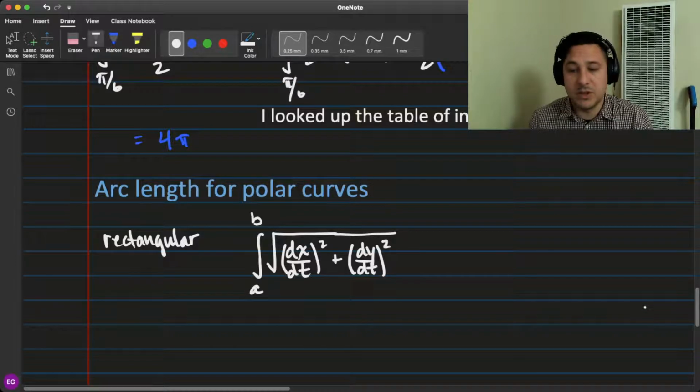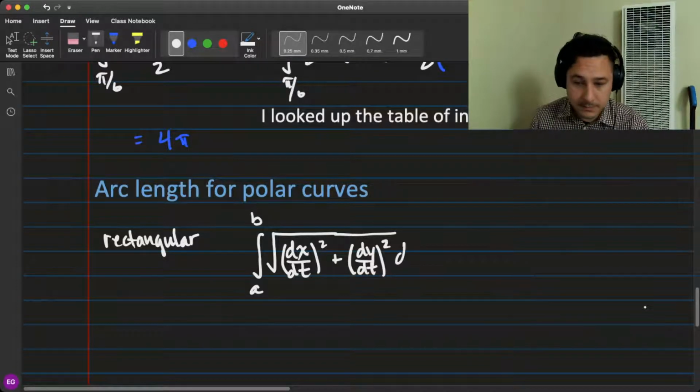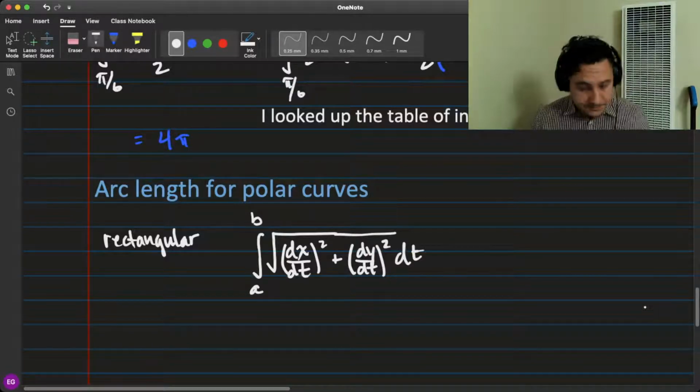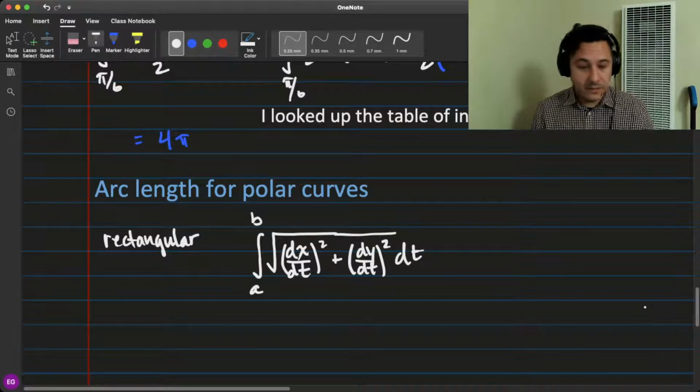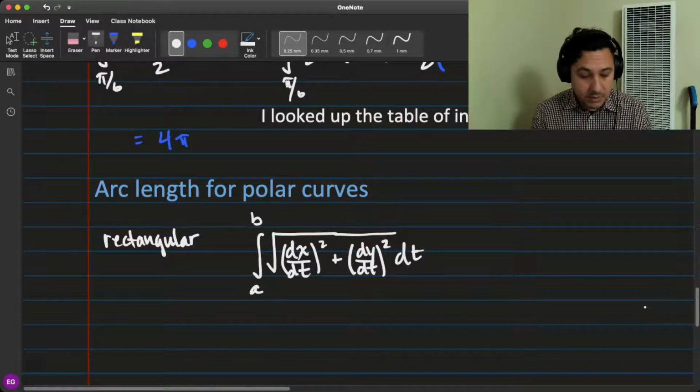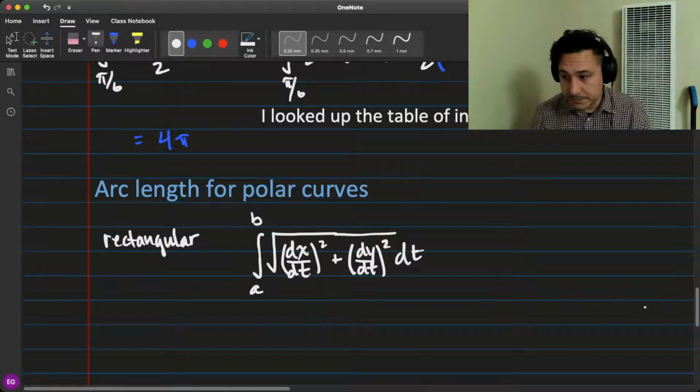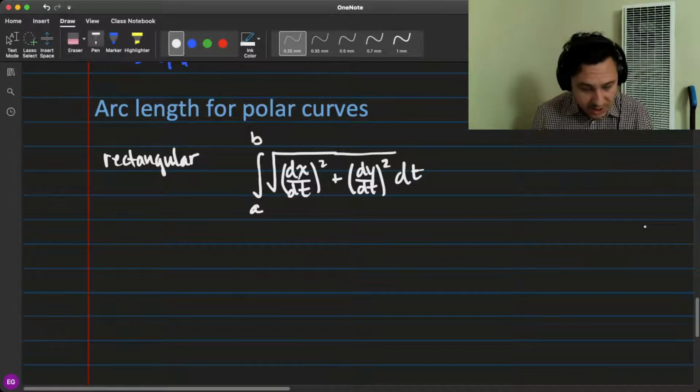This was for the parametric equations. We're going to start with this and see what you need to do to get it into polar coordinates. So we're going to make some changes here.